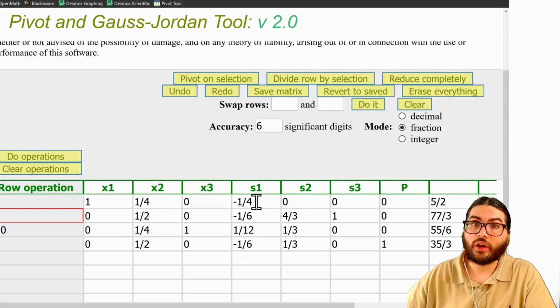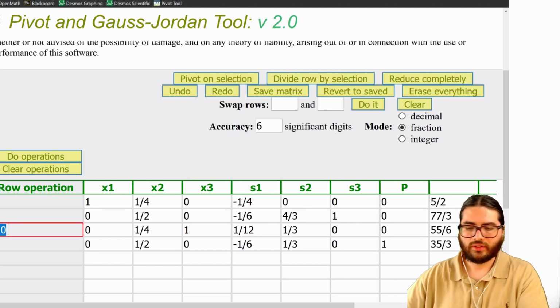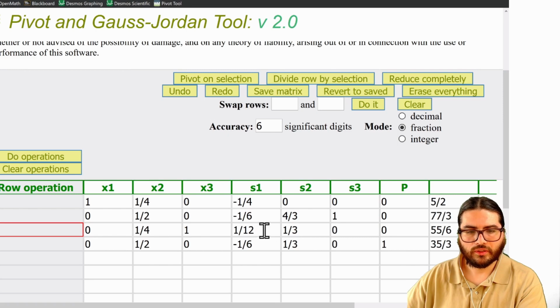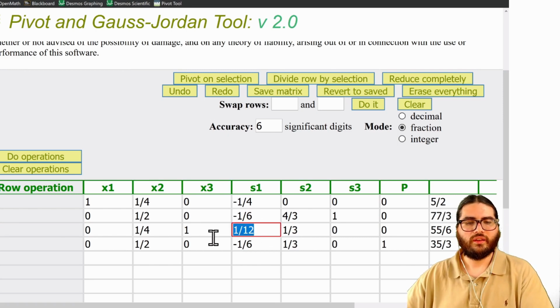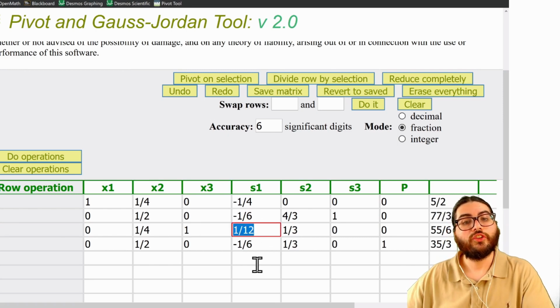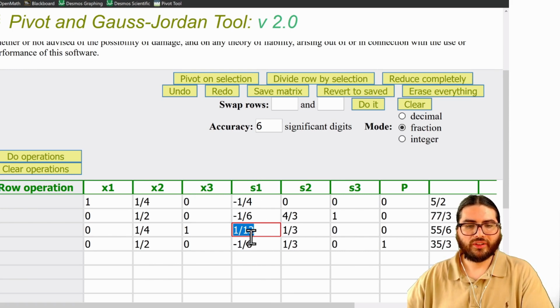Not going to write that down either because it's negative. It looks like the only positive ratio is here, which tells me this is where my pivot should be. That tells me my entering variable is S1. My exiting variable is X3.